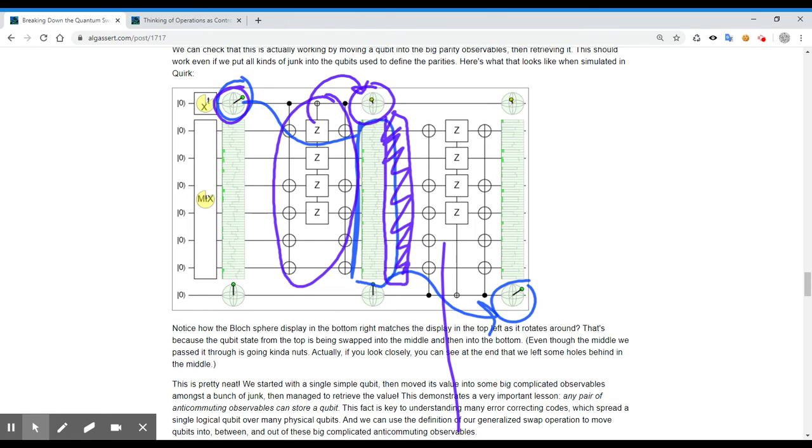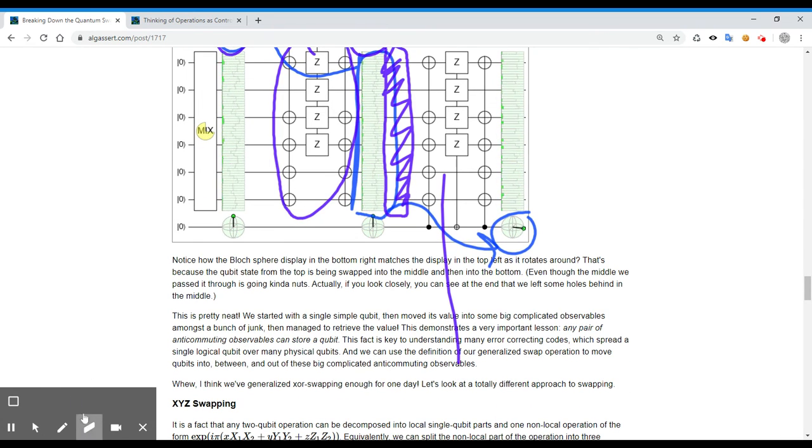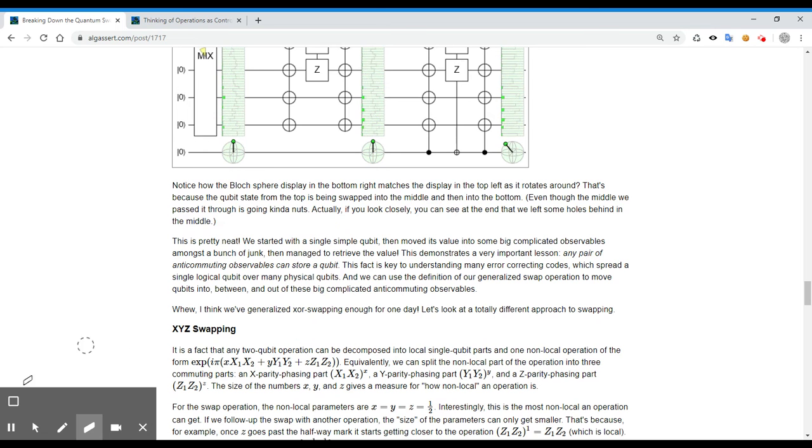This is a pretty nuts generalization. I'm still trying to wrap my head around this. So you could technically do that, and then you've got all that information encoded into one qubit. Crazy. Let me clean that up. Let's move forward.